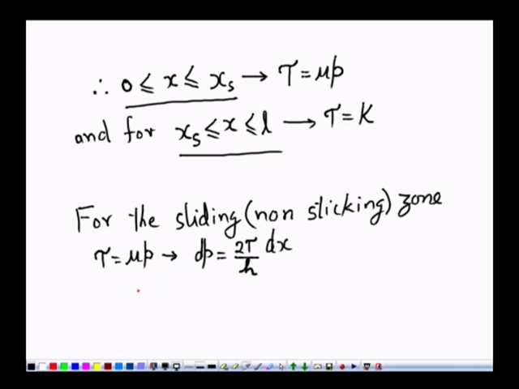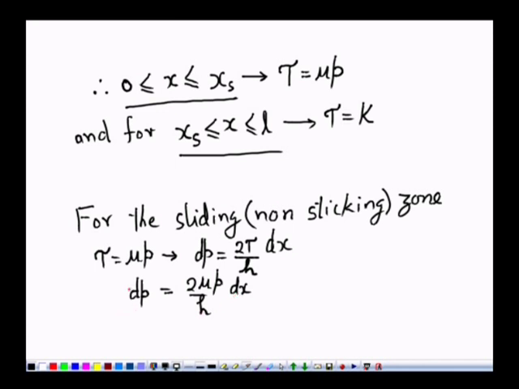So finally what we have is dP equal to twice mu P by h into dx.